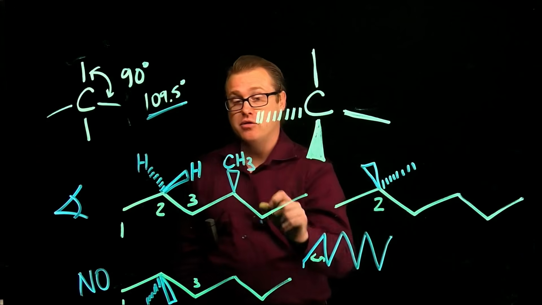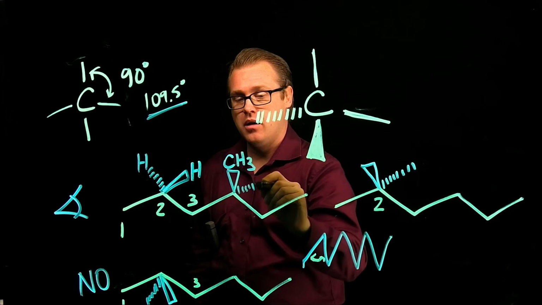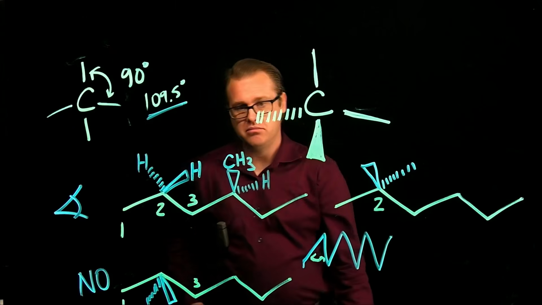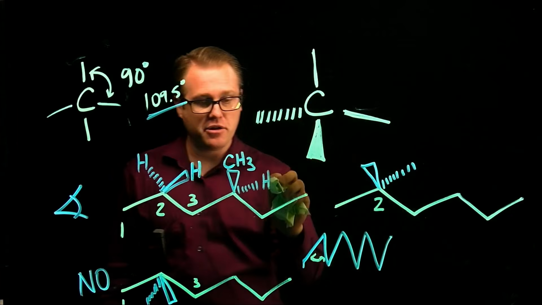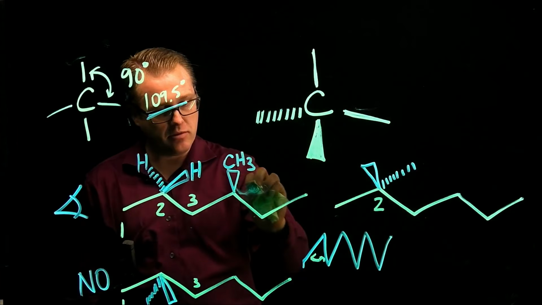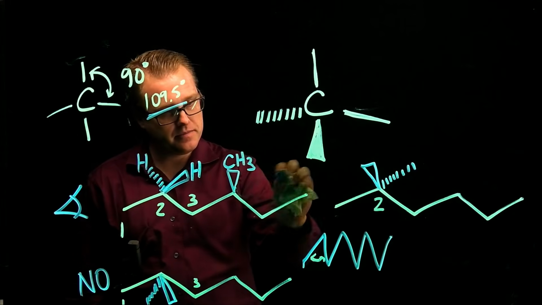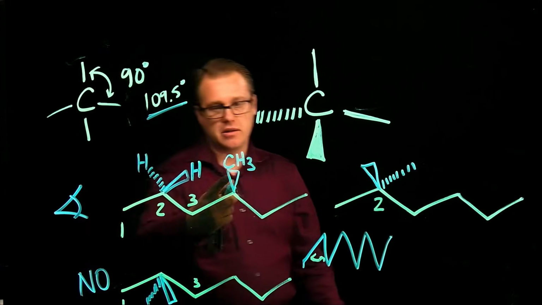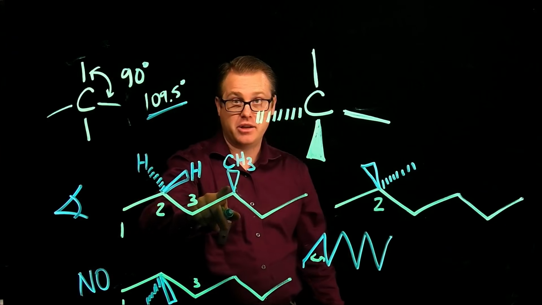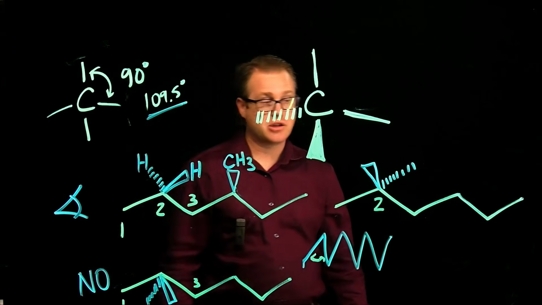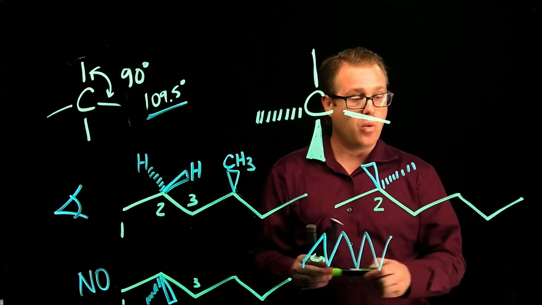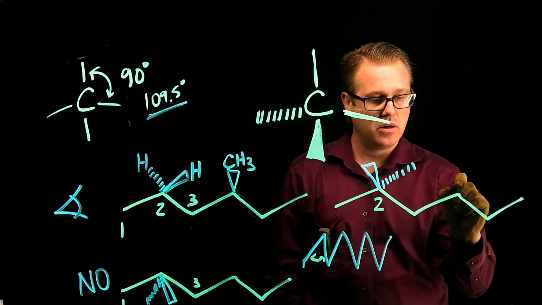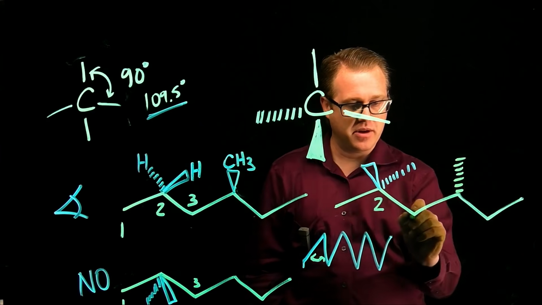Do I have to draw in the dashed hydrogen? No, I don't. If I don't want to draw in my hydrogens, I don't have to because we are organic chemists. So that is a valid wedge. Yeah, so if you're only going to draw one wedge or one dash, it can go right in the middle like that.